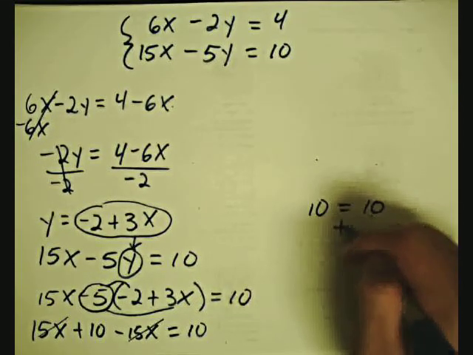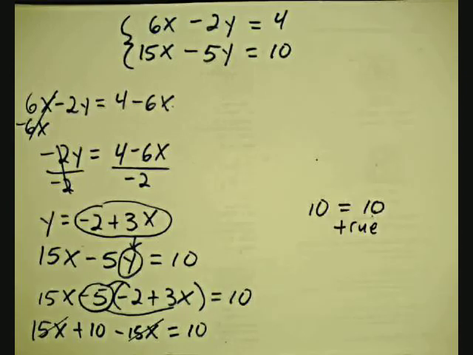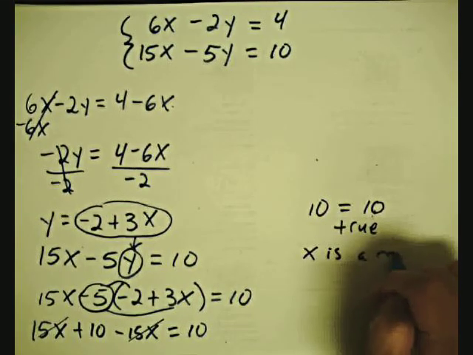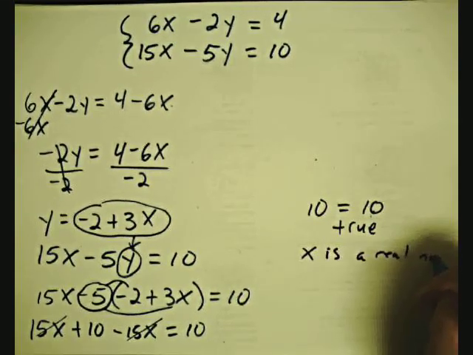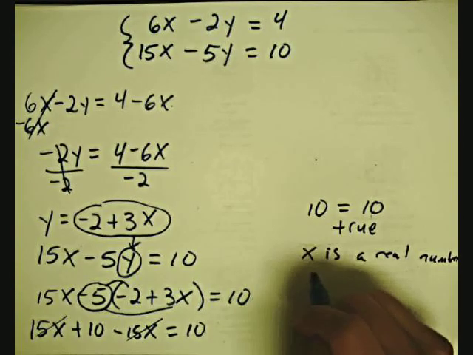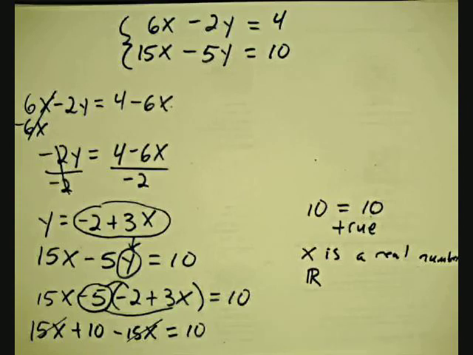That is a true statement. And if your variables completely cancel away and you're left with a true statement, your conclusion is that the solution is that x is a real number. Or the abbreviation, all real numbers, with the boldface R.